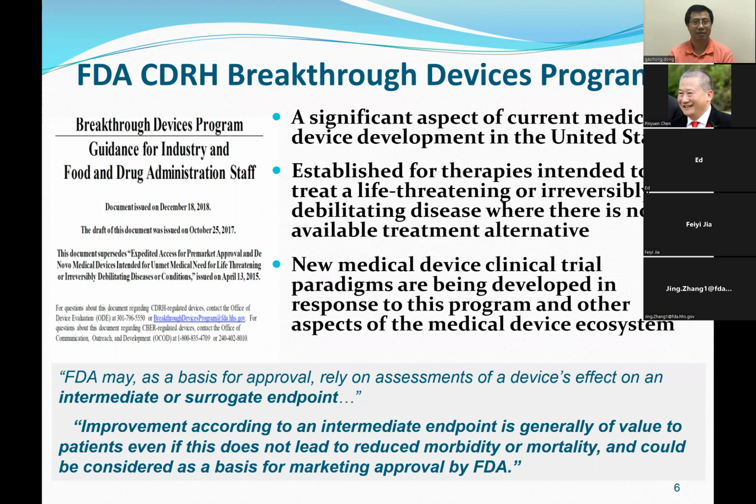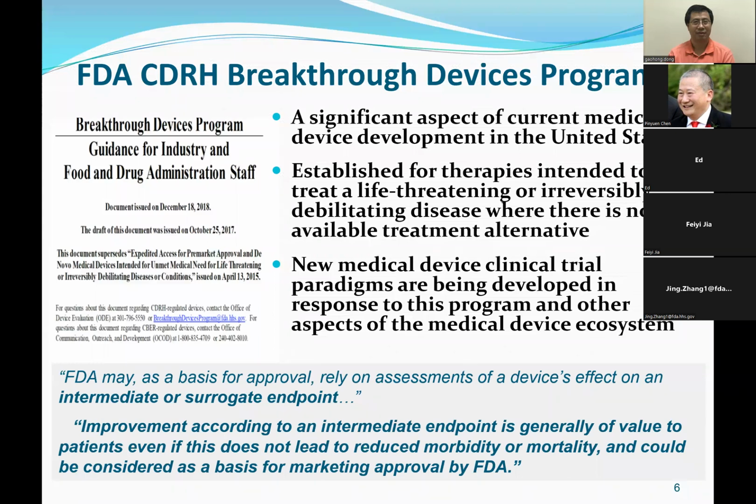It was specifically established for therapies intended to treat a life-threatening or irreversible debilitating disease where there are no available treatment alternatives. And for this audience, most importantly, new medical device clinical trial paradigms are being developed in response to the program and other aspects of our presently complex medical device ecosystem.